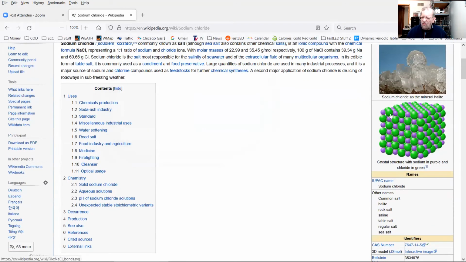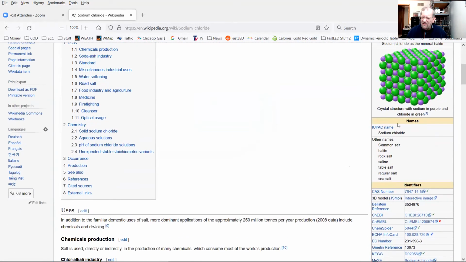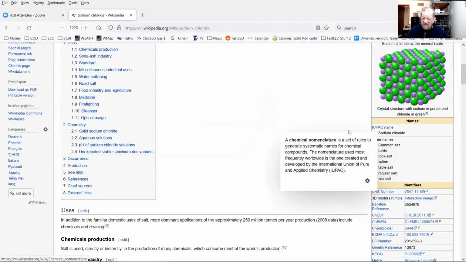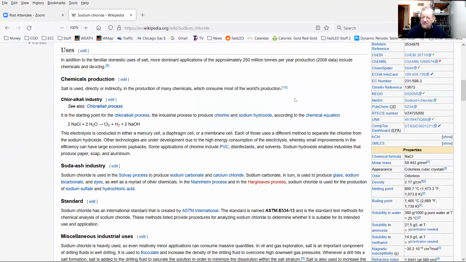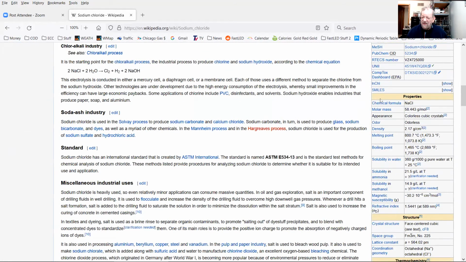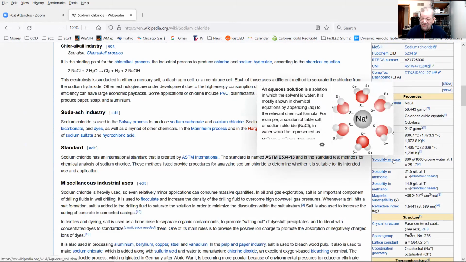All right, sodium chloride, table salt. If you look on the right and scroll down, you have names. IUPAC means the official chemical name. I'll talk more about that later in the semester. And if you scroll down, properties, you'll see melting point, boiling point, and look, the solubility in water.